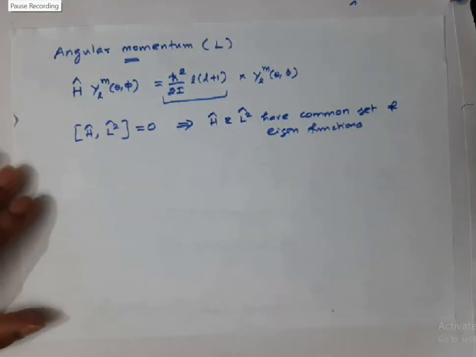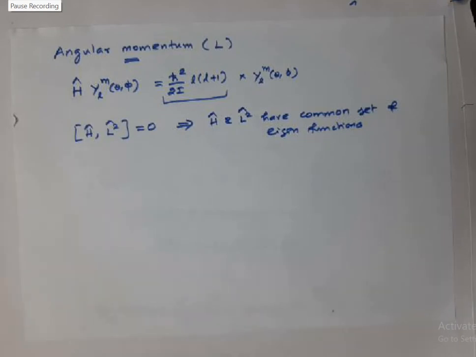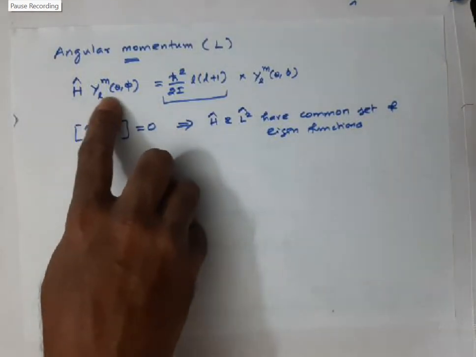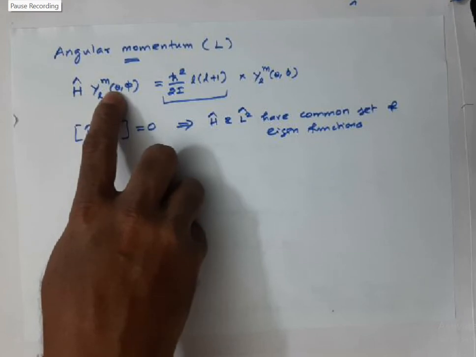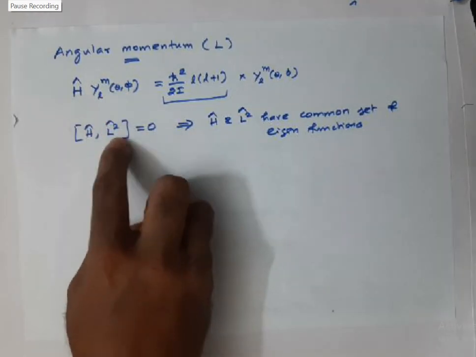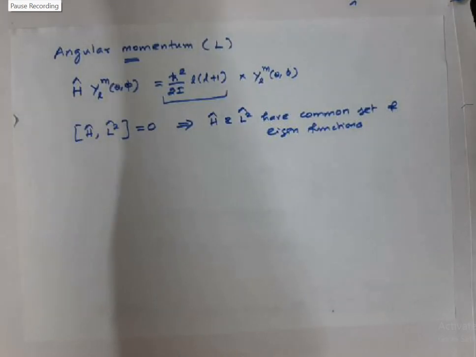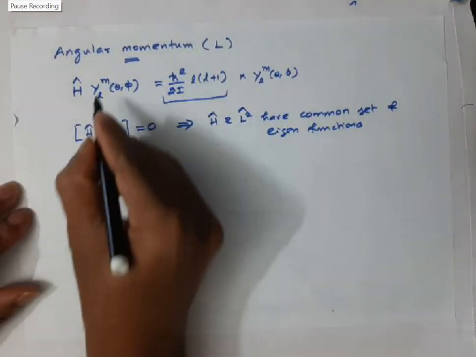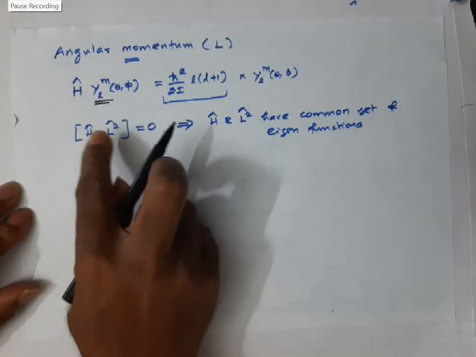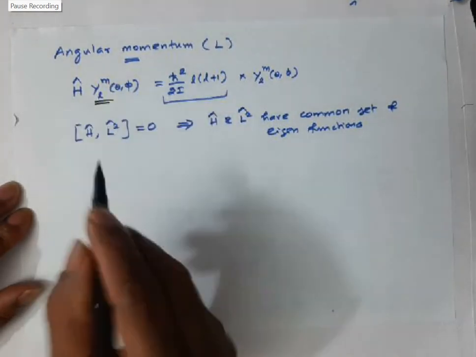That's the meaning: the functions which are eigenfunctions of the Hamiltonian operator are also eigenfunctions of the L square operator. So take the same function Y. Now I will apply the L square operator on this function.